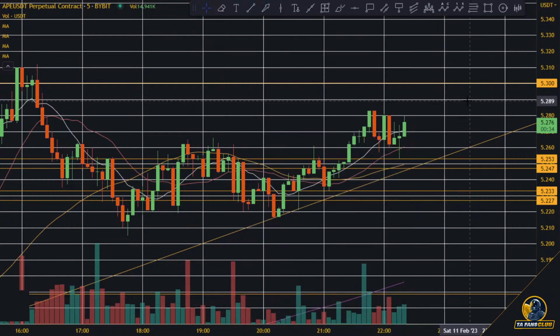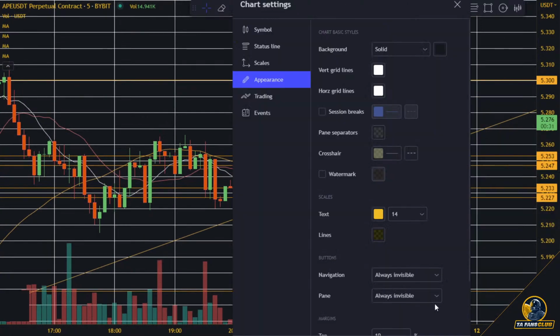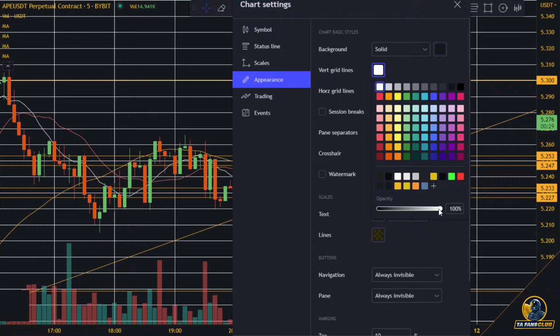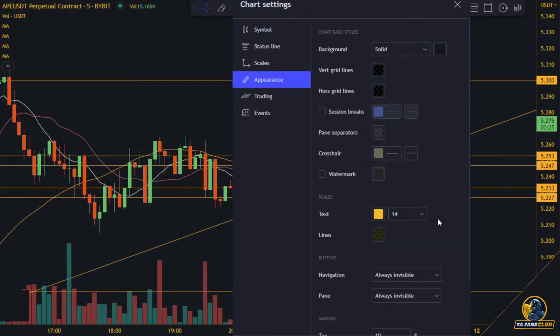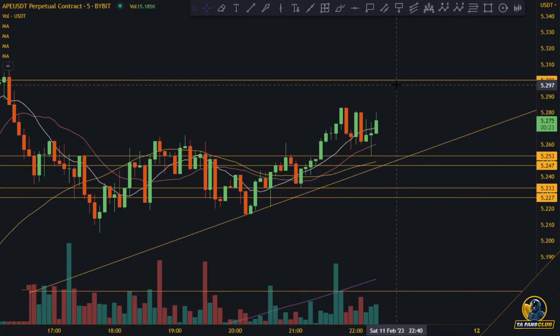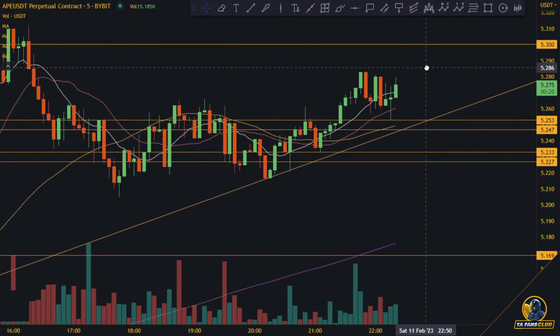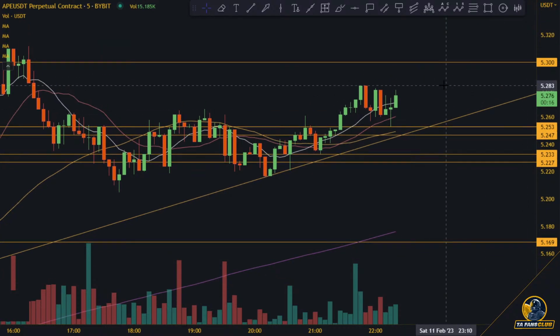Go to settings, appearance, vertical lines, and just remove. There is no point. We already have a ton of lines on our screens. We don't need more lines. Then you change a little bit of color and stuff like that, and then you have your own personalized TradingView.